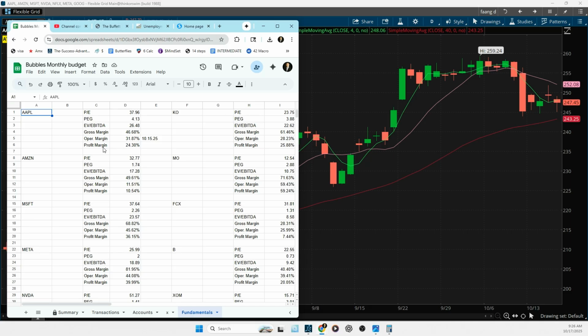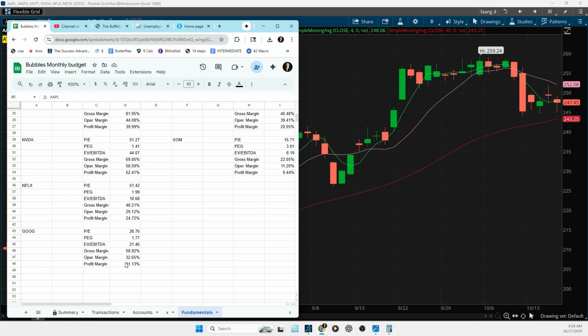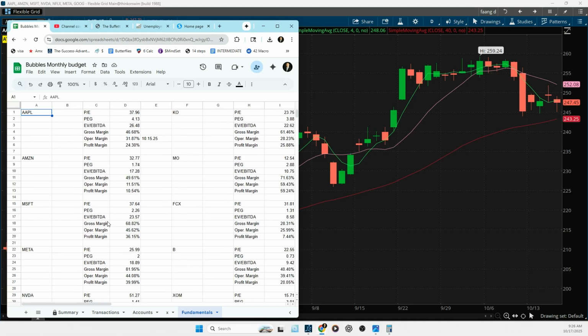And right now, profit margin around October, according to FinViz, is 24 for Apple. And when we familiarize ourselves with the general profit margins and statistics of these bellwether stocks, whatever we see the fundamentals of these doing, we're going to look at what it is doing in relationship to the technicals.